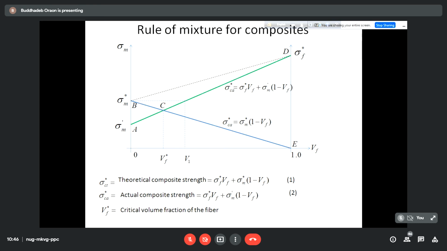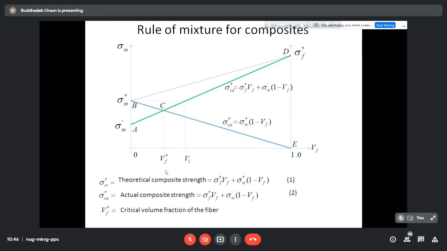Different persons may need different mechanical properties, different types of composites, and this is some sort of a general guideline which can be used for designing a composite material. So what should be the ingredients, and what should be the amount of ingredients, and how to decide the percentage, etc. This is called the rule of mixture of the composites.